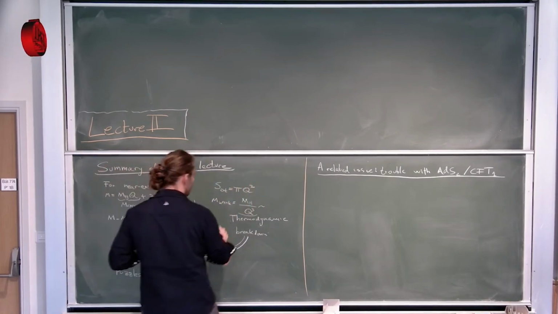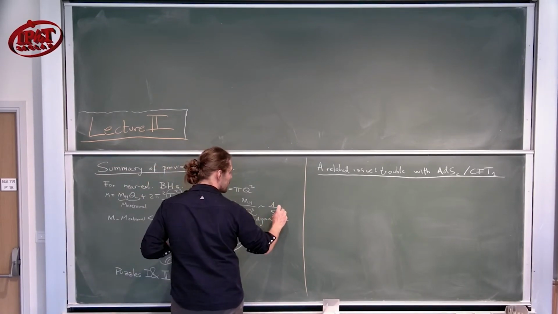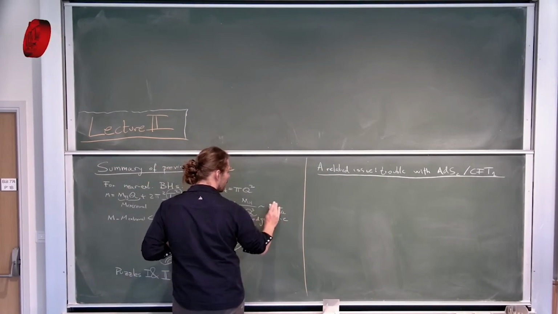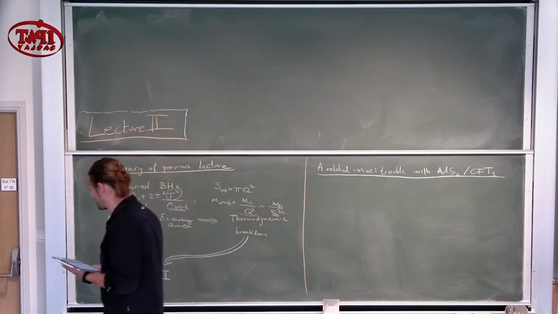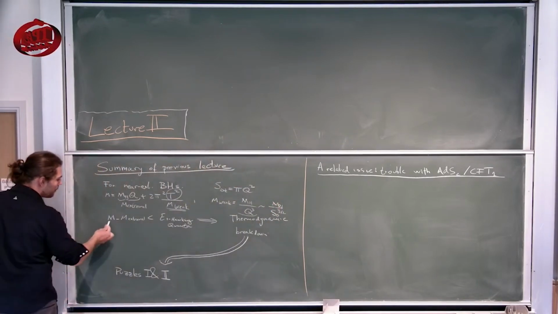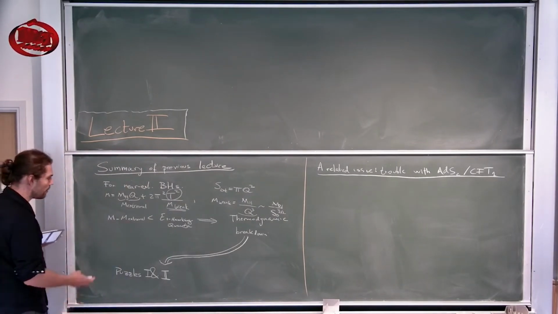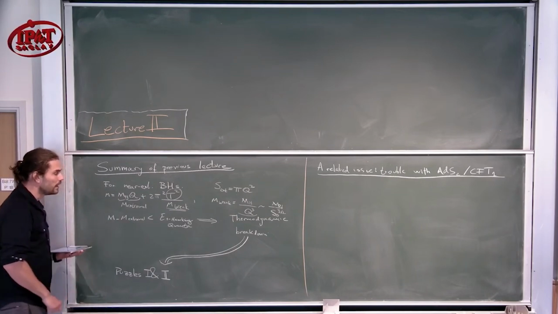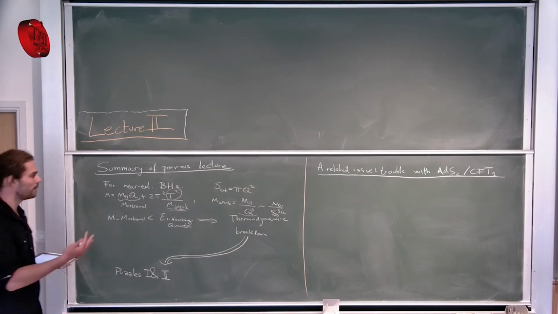So we can think about this breakdown scale as 1 over S naught to the 3 halves in units of M Planck. So it's a very small energy scale, but we saw that below this energy scale, when we're very close to extremality, the black hole cannot seemingly radiate even a single Hawking quantum.